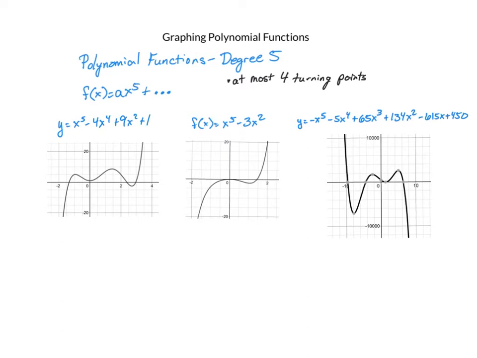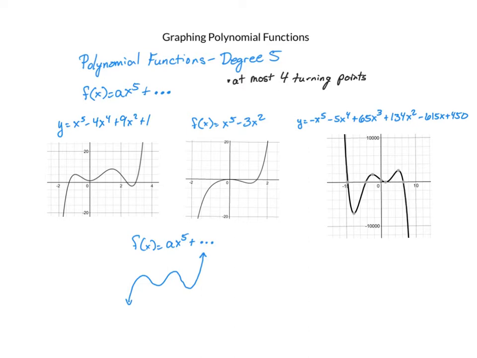So if we have f of x equals a times x to the fifth plus some other terms, we expect the polynomial graph to look something like this, generically speaking. It can degenerate and look more like this second graph right here, look like a third degree, sort of like somebody took the string and pulled it out and we lost one of the maximum and minimum values, but it's still a fifth degree polynomial.